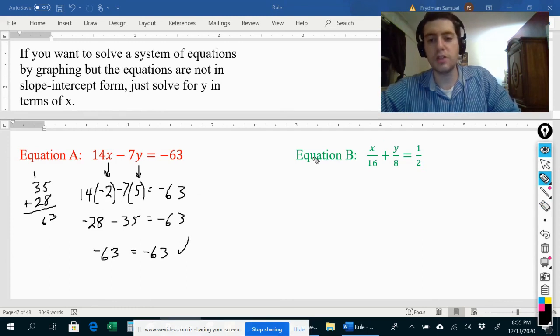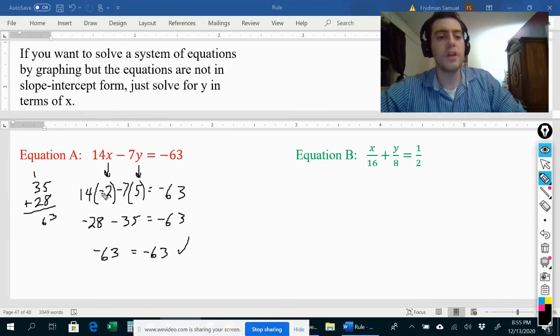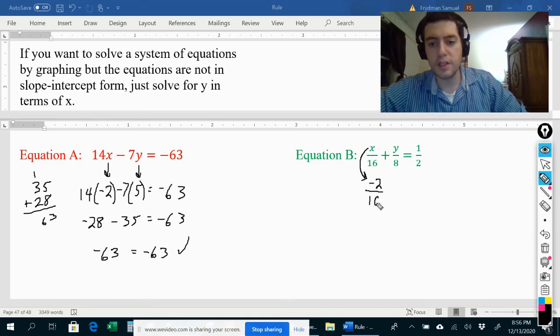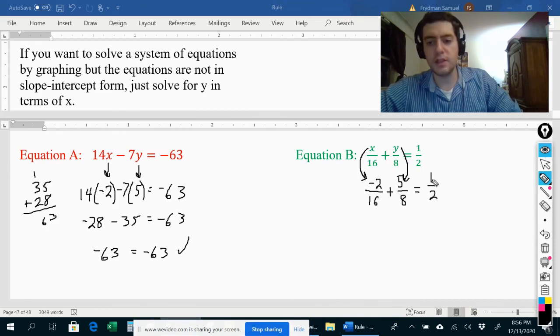Let's see if it is also a solution to this equation, as it should be. So x was -2. So let's plug that in for x over here. So we have -2 over 16 plus y was 5. So let's plug the 5 in here over 8. So if we did this correctly, we should see that this is equal to 1/2.